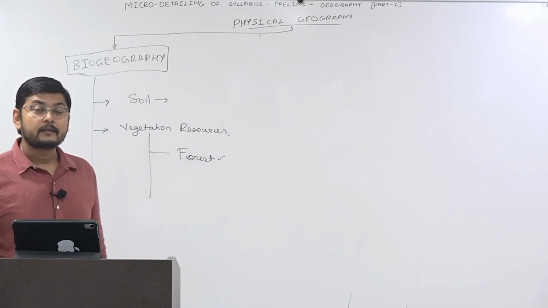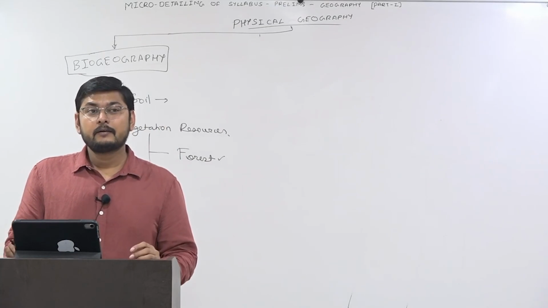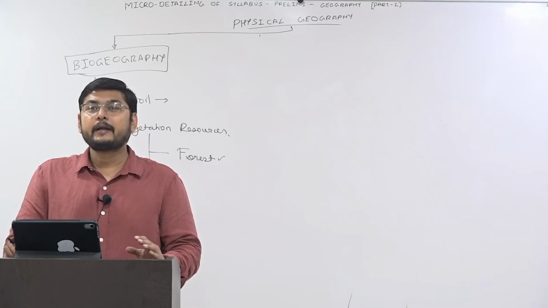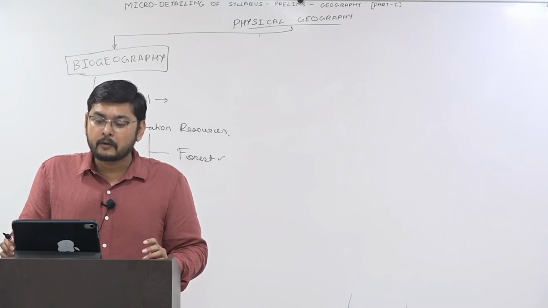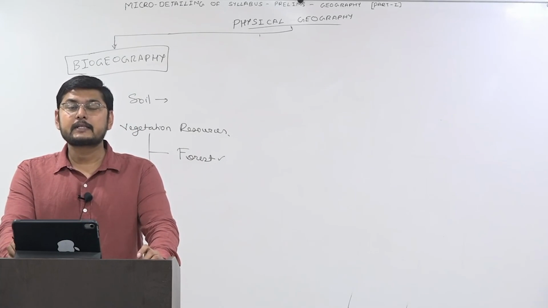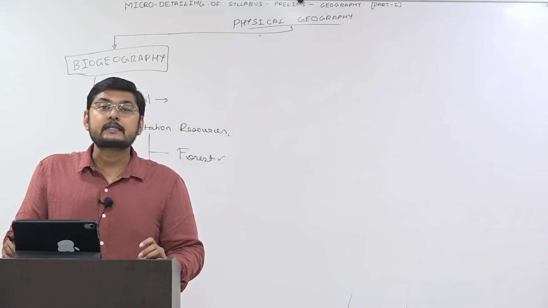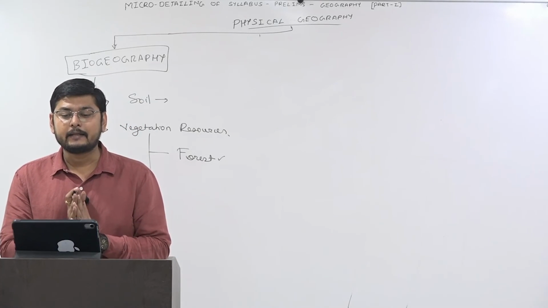They provide wood, they provide oxygen, they provide food, they provide horticultural products, they provide different minor forest produce. Therefore it is one of the important resources. What are the economic significances of these resources? What are the social significances? What are the cultural significances? Those will be studied in detail here.